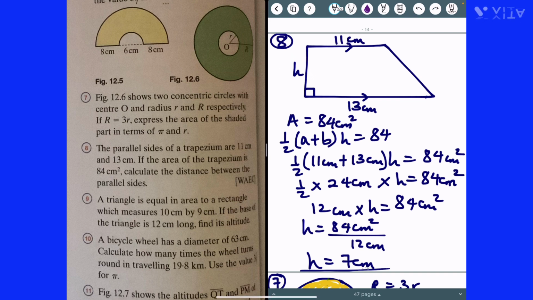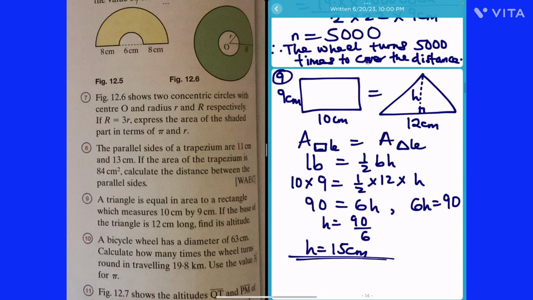Put the perpendicular distance here, h. The area of a trapezium is half open bracket a plus b times h. So that's half times 11 plus 13 times h. That will give me half times 24 times h. 12h is 84. h is 84 over 12, 7 centimeters.